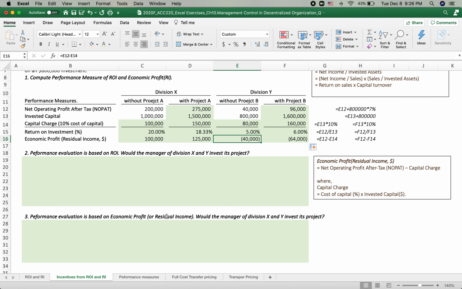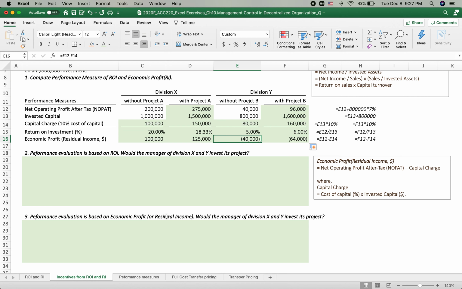So there is no reason to take this project A into consideration. Division Y should invest in project B if performance evaluation is based on ROI. Even though project B earns a return of 7%, which is below the 10% cost of capital, it would increase ROI a little bit from 5% to 6%.